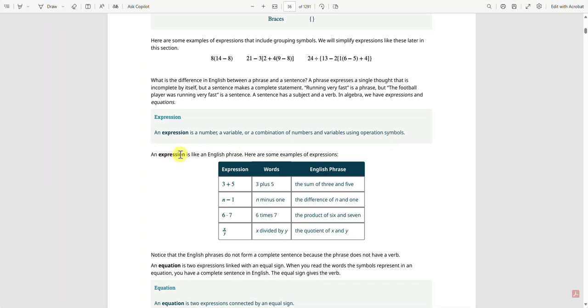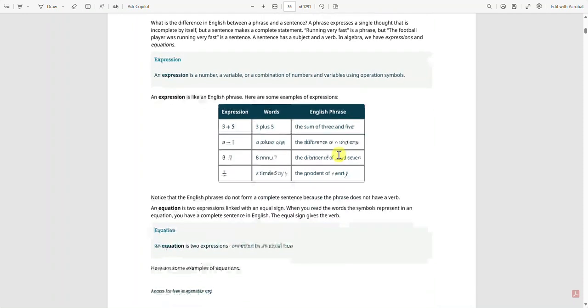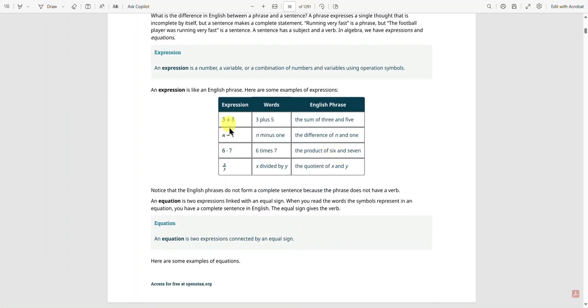An expression in algebra is like a phrase in English. An expression is like a phrase. Here are some examples of expressions. So we're given 4 examples of expressions in algebra. We're taught how to read them.